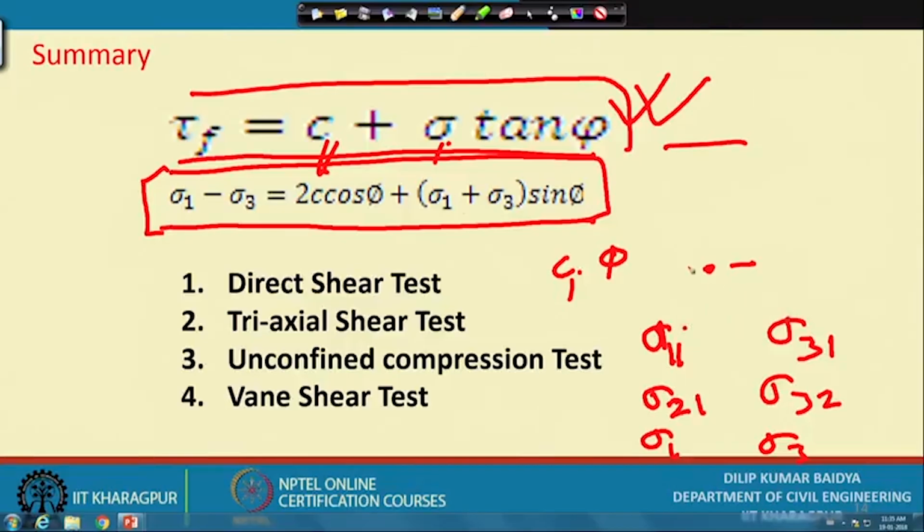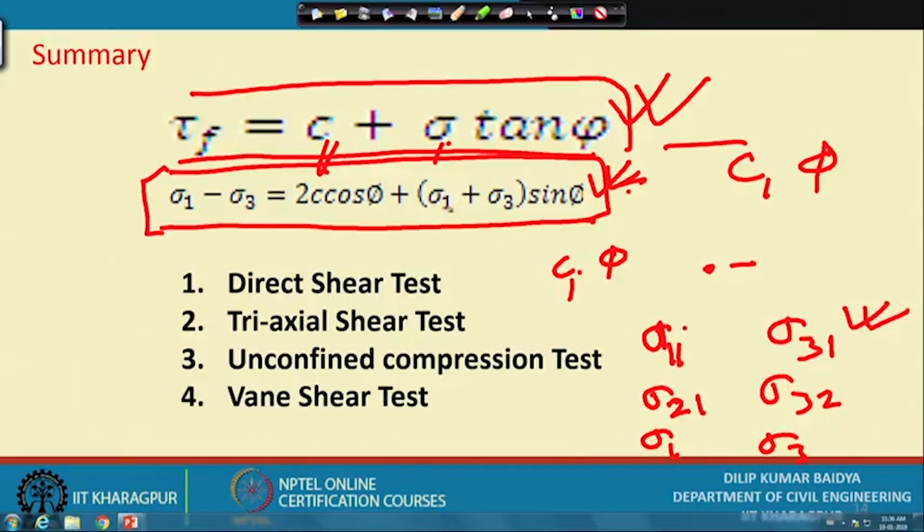So, using phi and sigma I can set up 2-3 equations, and if the test is carried out on the same soil, then by combining two equations I can solve for two parameters, that is phi and c. Like that, in different combinations I can find c and phi. So, this equation can be utilized based on the test results.